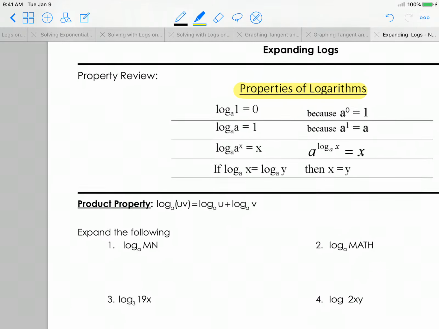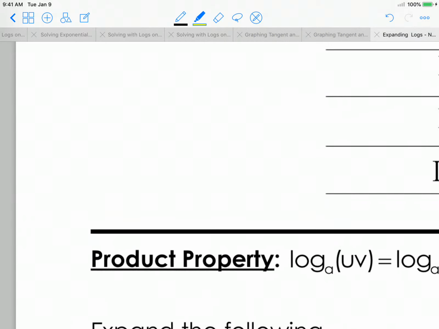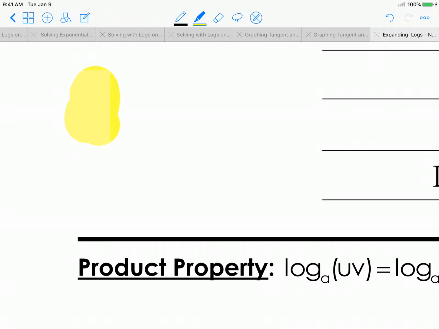Okay, so we're going to talk about different properties of logs today. We're going to talk about a product property, a quotient property, and the power property. But before we start, let's talk about what happens with our product property when we have an exponent rule.